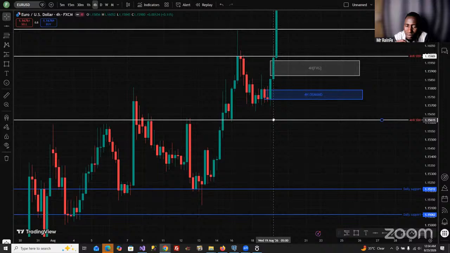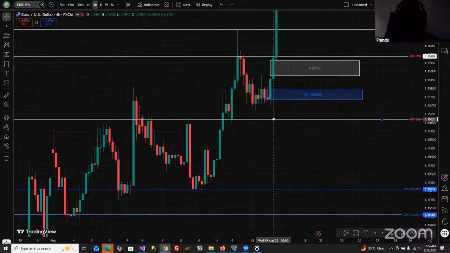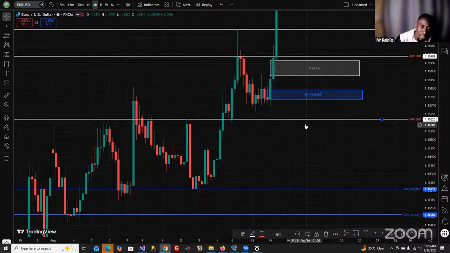Here down looks good. This was a rally-base-rally. It's just that it was not good enough. Price created a rally, and then this was a base which was supposed to be at least here and here, but it jumped off a little bit.